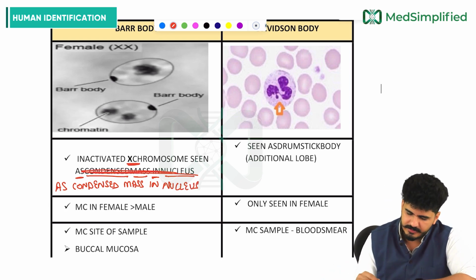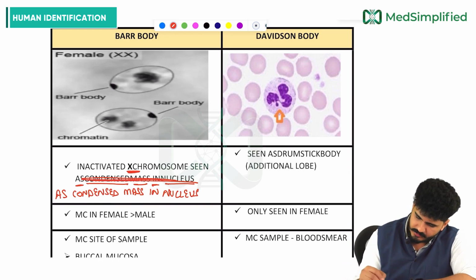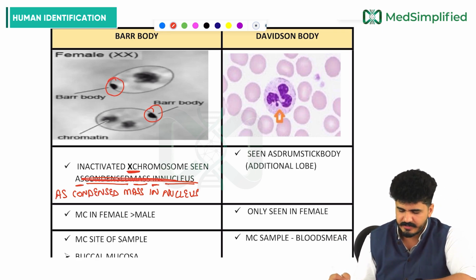Inactivated X chromosome, condensed mass in the nucleus. This is the Barr body.